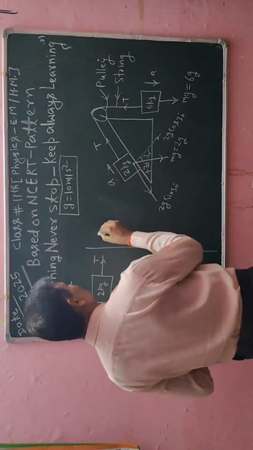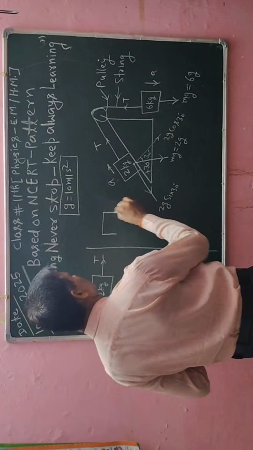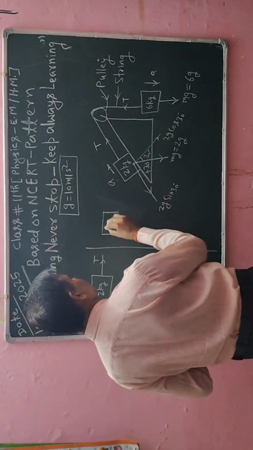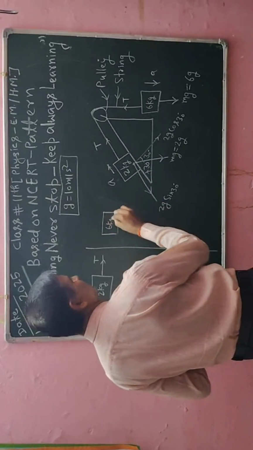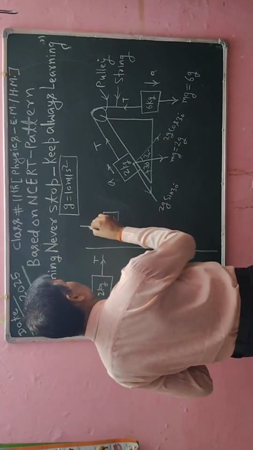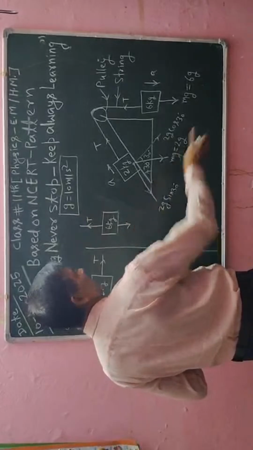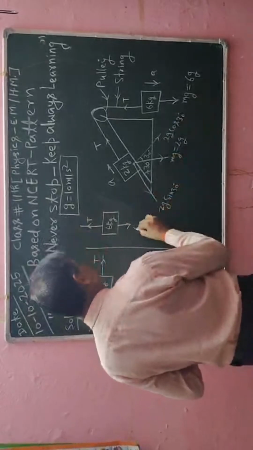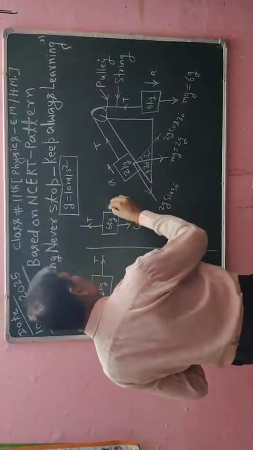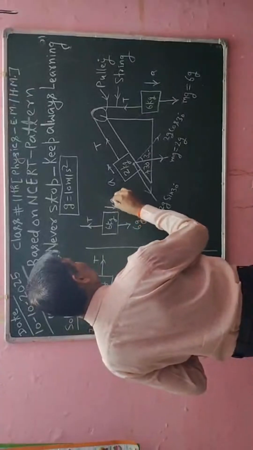So the second diagram will be as follows. That object has 6 kg mass, and one tension force will be upward, but downward will be 6g force, and it is moving with acceleration a downward.